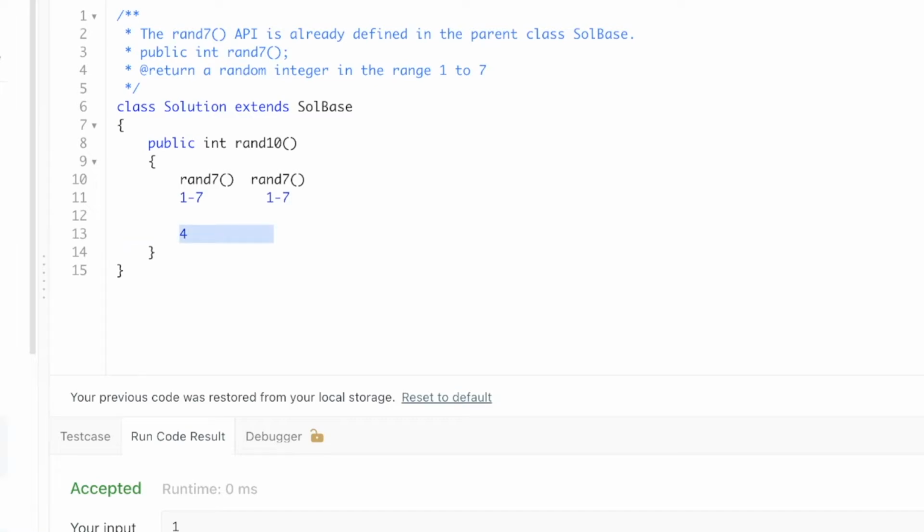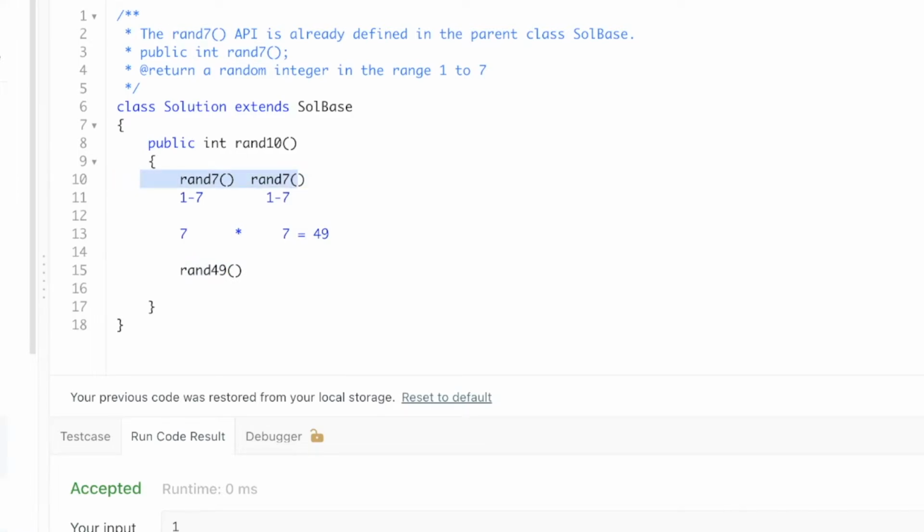The number of possibilities if we mix and match 2 calls to Rand7 is just 49, because 7 times 7 equals 49. Cool? So we can actually build Rand49 from 2 calls to Rand7.